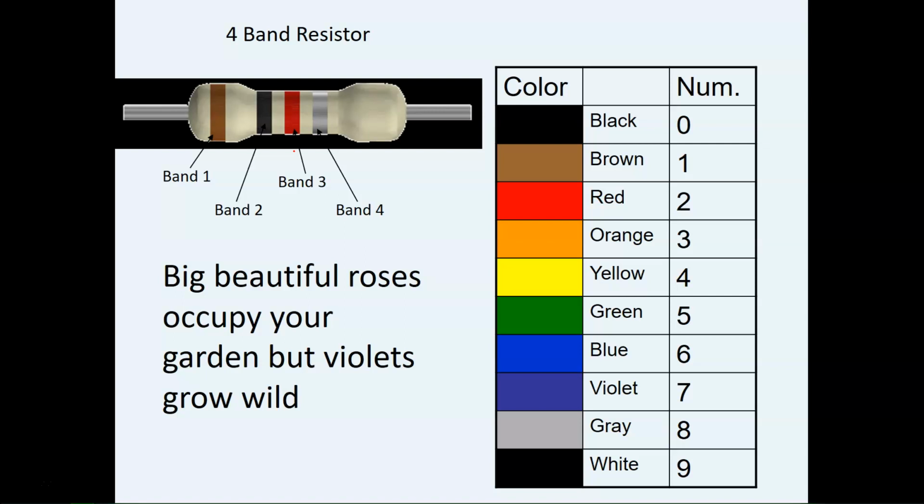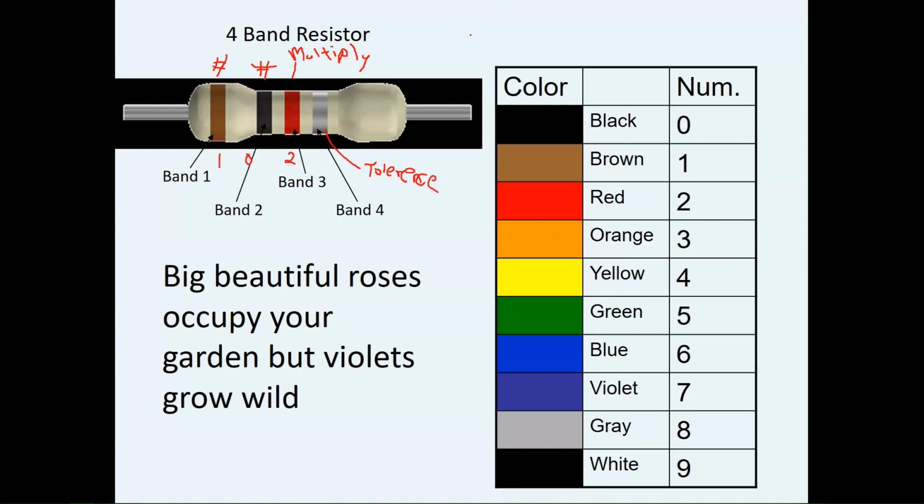So the way a 4-band resistor works is that you have a number, and this is something that's going to multiply, followed by what's called a tolerance band. Sorry about my writing, guys. So in this case, you have brown, which is 1, black is 0, red is 2.